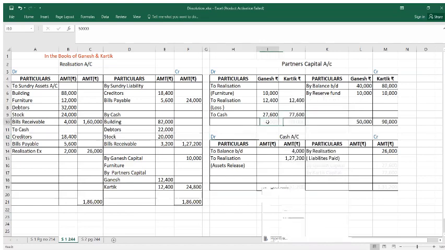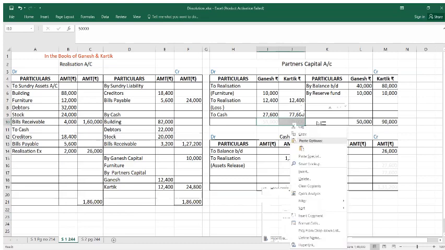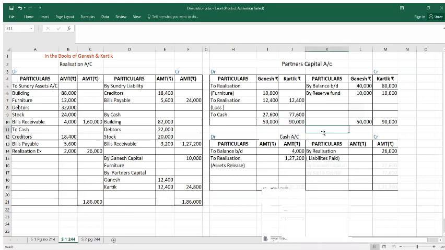The balance is 77,600. So the journal entry will be Karthik capital account debited 77,600 to cash.